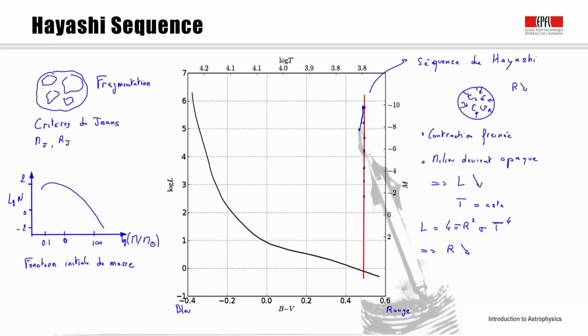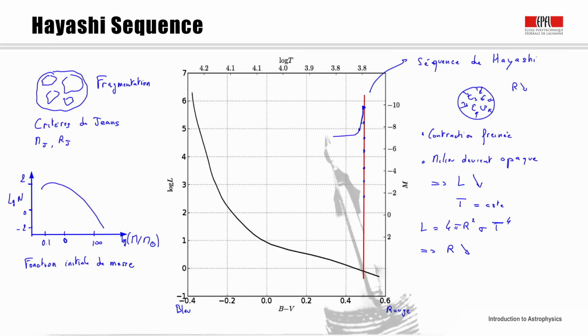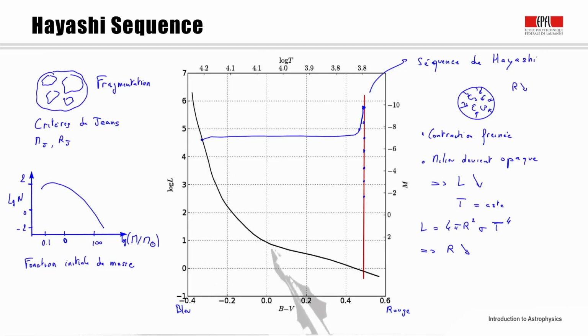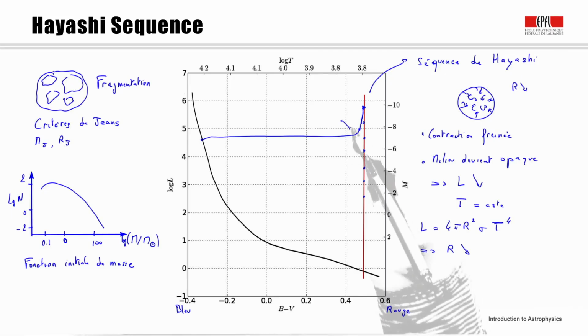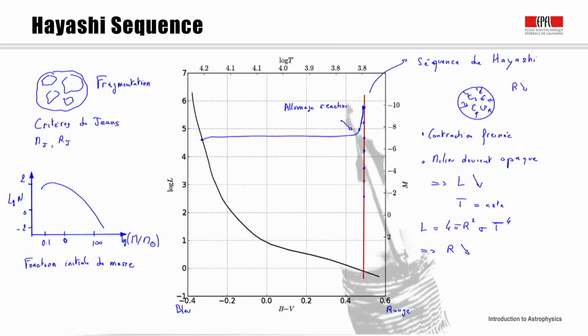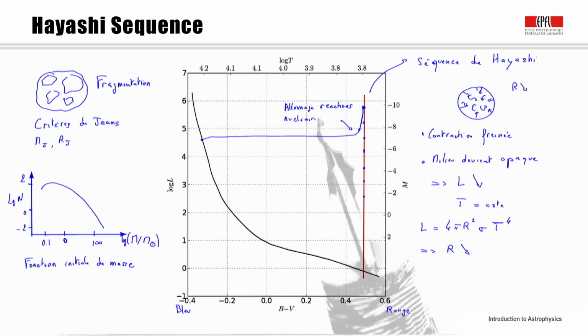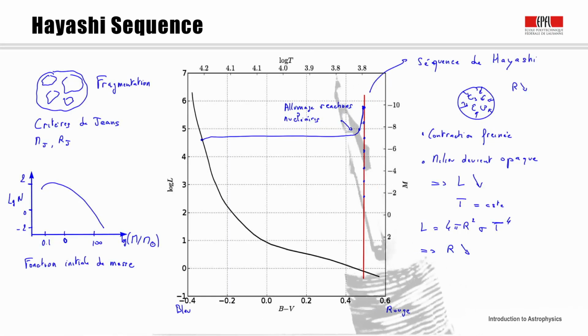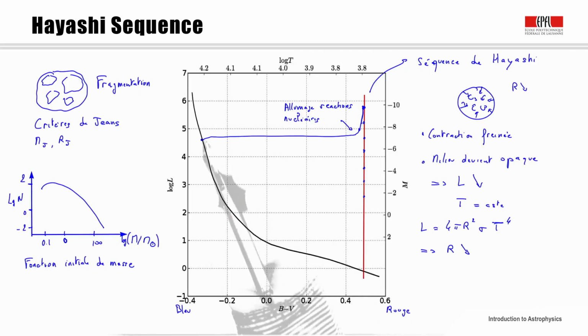When the nuclear reactions ignite, the star increases in temperature until reaching a position on the main sequence. So on this point we have the start of nuclear reactions. Of course, at the start of nuclear reactions, the temperature increases very quickly until reaching an equilibrium between the radiative pressure of the photons, the gas pressure, and the gravity.